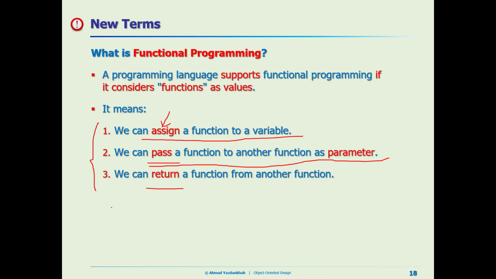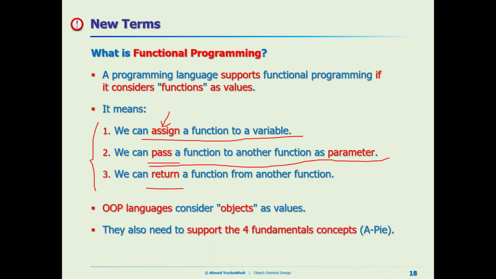But you know that after learning the four fundamentals of object-oriented programming, object-oriented programming languages should support those four features as well. All right, let's get back to our functional programming.